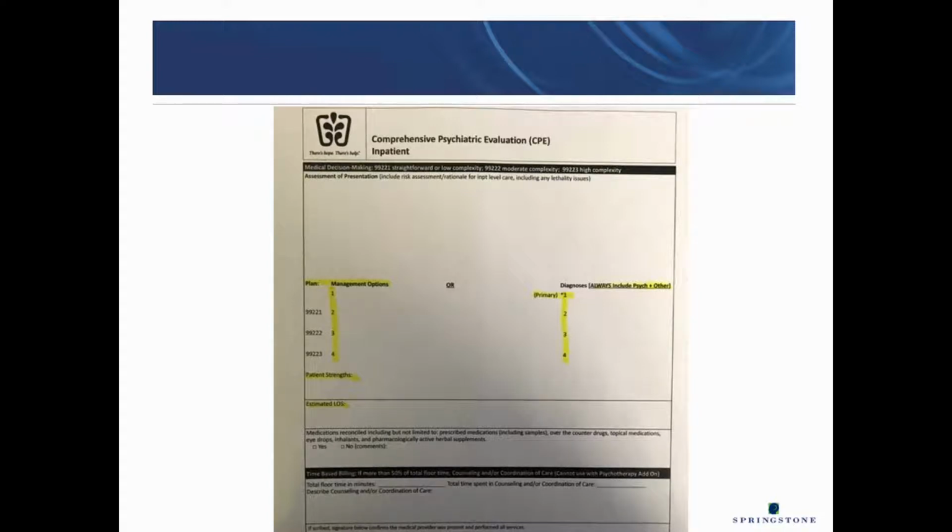So let's say you've decided that this new patient, the level of complexity is not the highest level that you see, but the next level down, a 99222. And I'll show you data in a little bit on how other psychiatrists across the country bill, what levels they bill by percentage, by psychiatrists, so you can see where you fit.